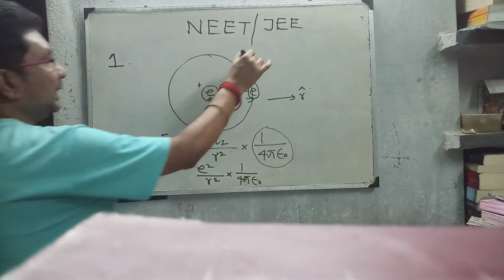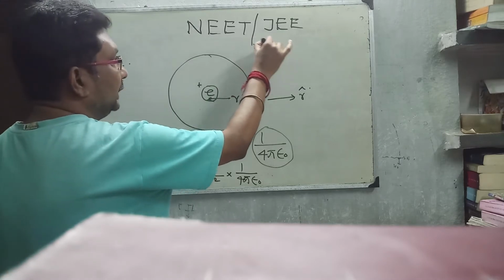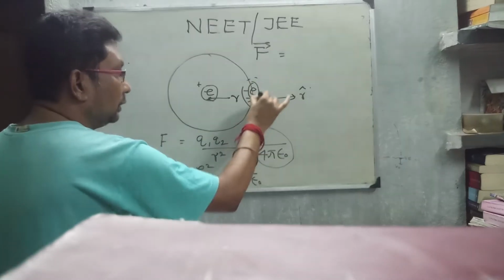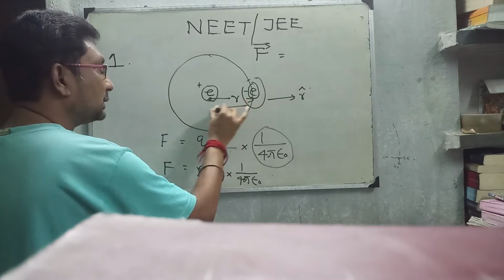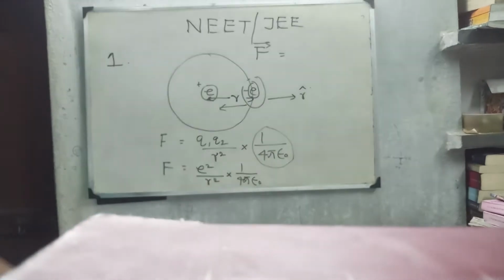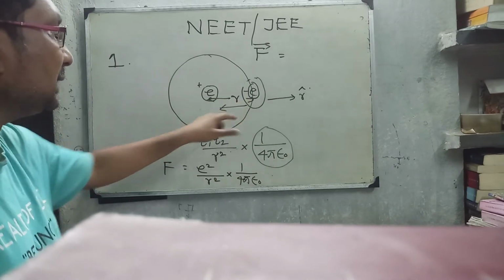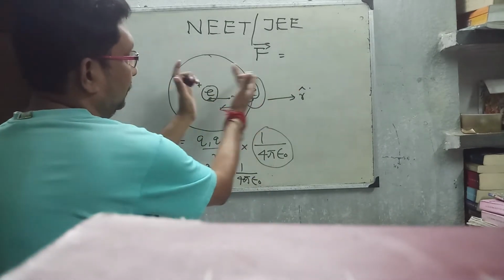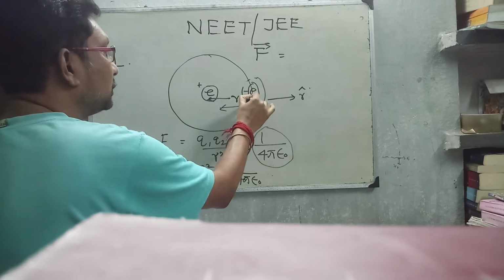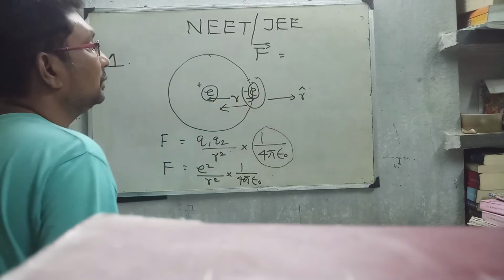That is the force on the electron. It is towards the nucleus, because this is a positive charge and this is a negative charge, so the force is attractive. So the force on the electron is in this direction.